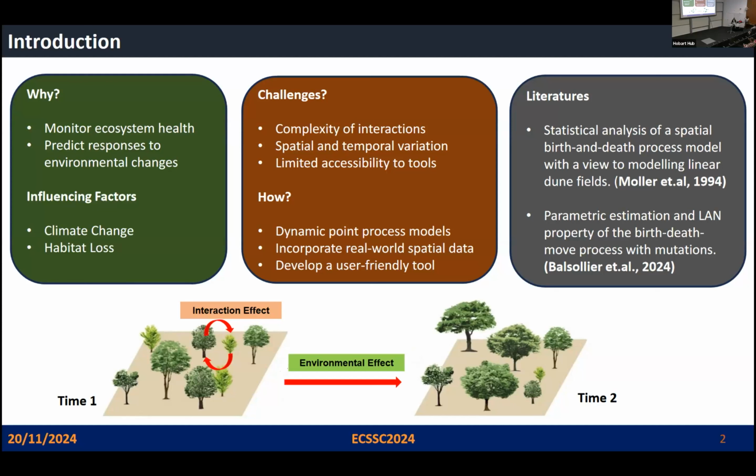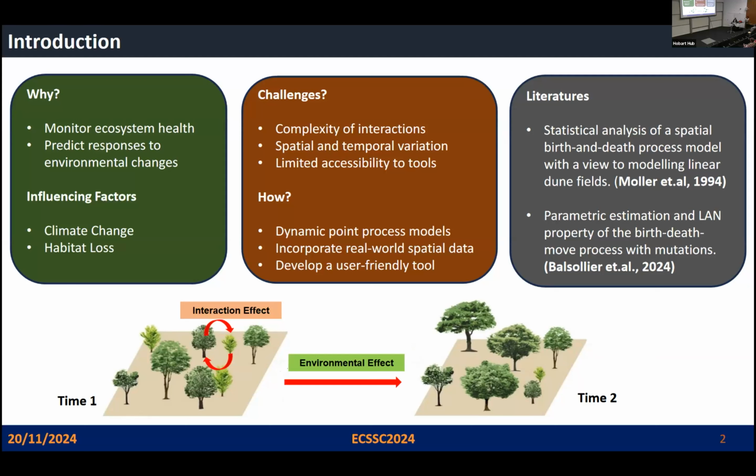So in my research, I am using a dynamic point process model, and I also apply this model to real world data to check the model performance. Finally, I will develop a user-friendly application to do this analysis easily without much knowledge of statistical tools.